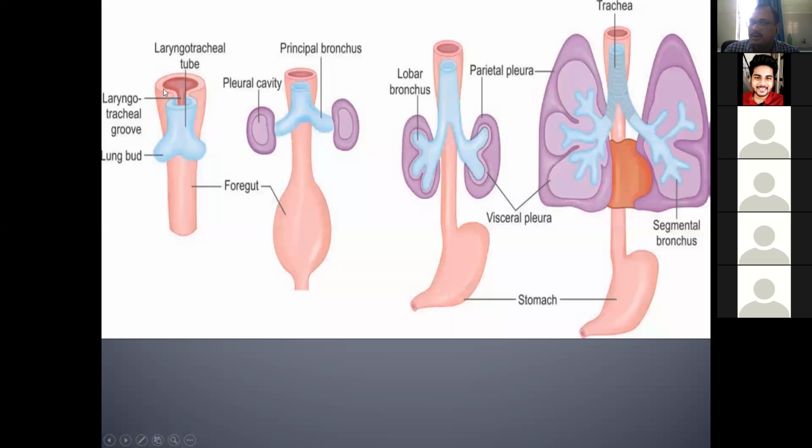And this part where I am moving my cursor is the foregut, from here to here. In that foregut, a midline evagination or outpocketing is formed, and it is known as the respiratory diverticulum.